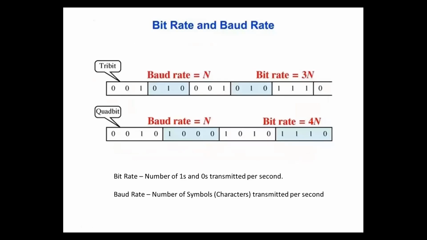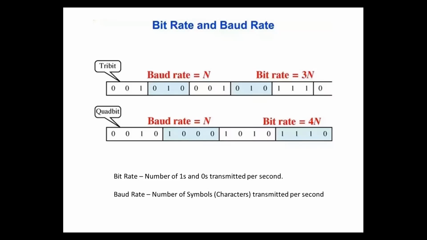Then they run into bit rate and baud rate. It's fairly simple. The bit rate's the number of ones and zeros transmitted per second, and that makes sense. But then the baud rate can change depending on the types of characters you use. So some character sets may only use 3 or 4, let's say 4 if you're just transmitting hexadecimal.